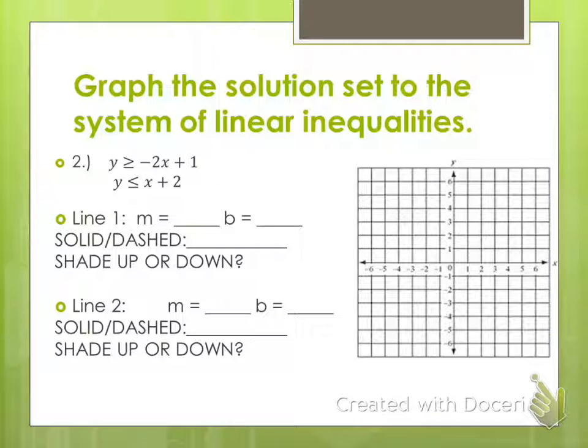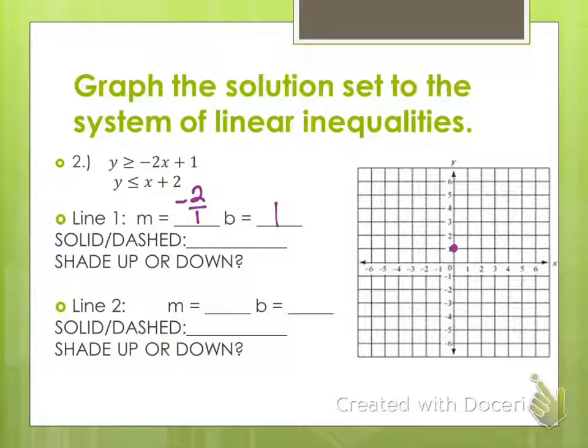Ryan? -2 and B equals 1. Very good. Our slope is -2. So I'll write it as -2/1, and our b is a +1. Much like we've been doing the last few days, we are going to start graphing that. We put a point at 1 on the y-axis for that b.